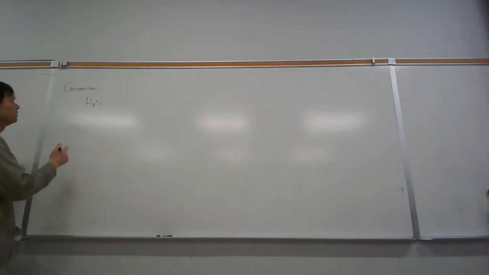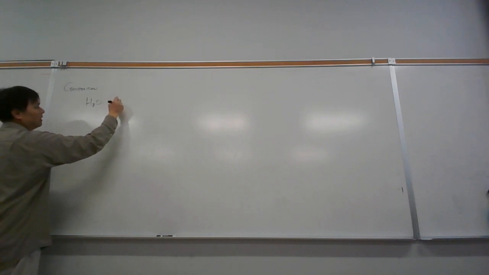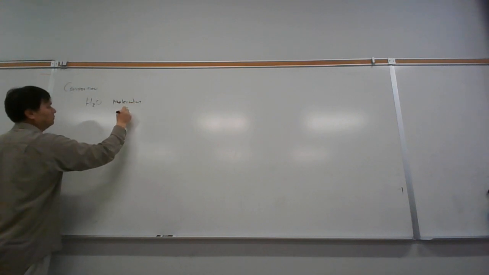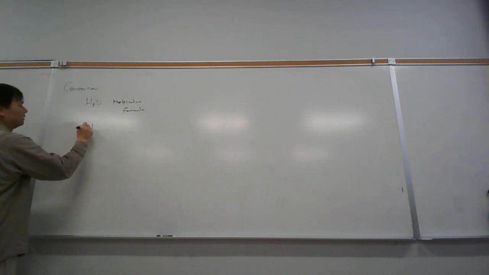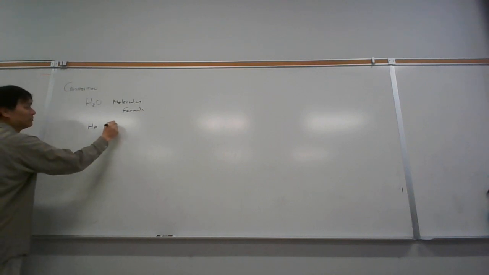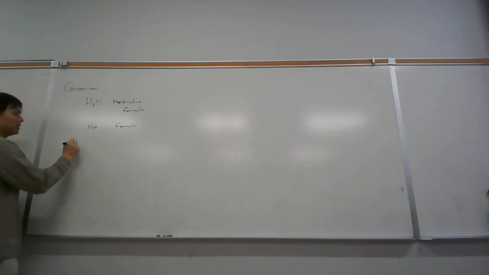So how do we determine the formulas? The best is to determine the molecular formula. But not everything forms molecules. For example, some things just form atoms, like helium. This would just be the formula of helium. What about something like sodium chloride?